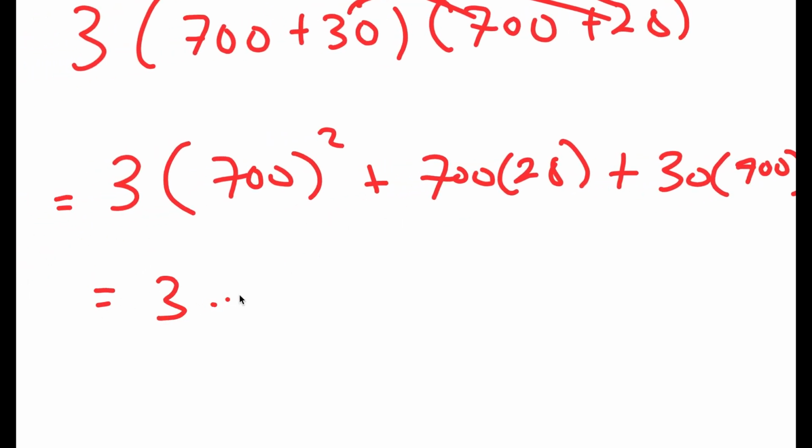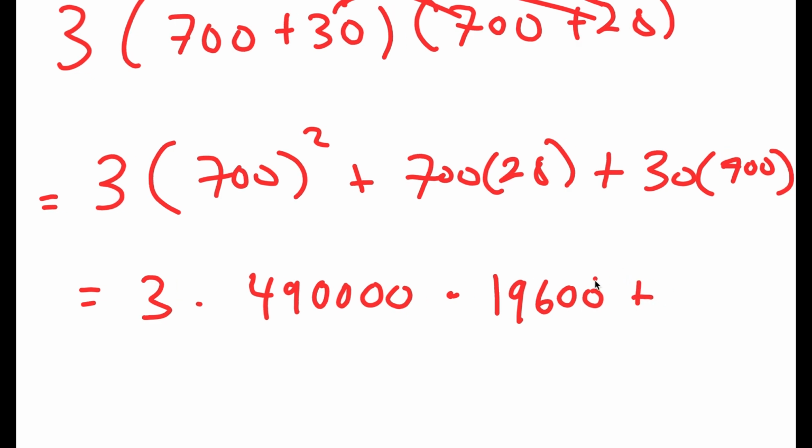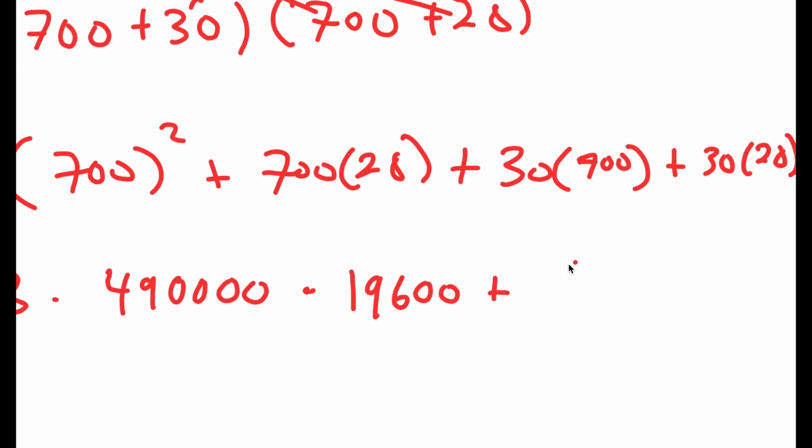So this is equal to 3 times 700 squared, which is equal to 490,000. And I have this times 700 times 28, which is equal to 19,600. And I have this plus 30 times 700, which is equal to 21,000.